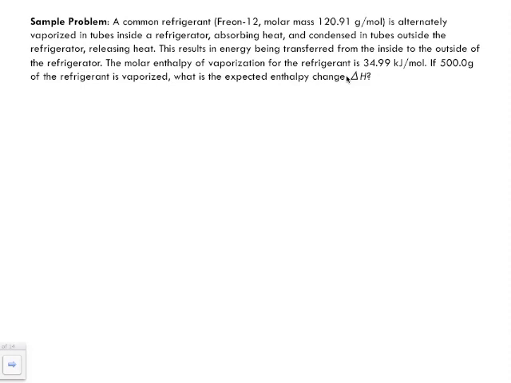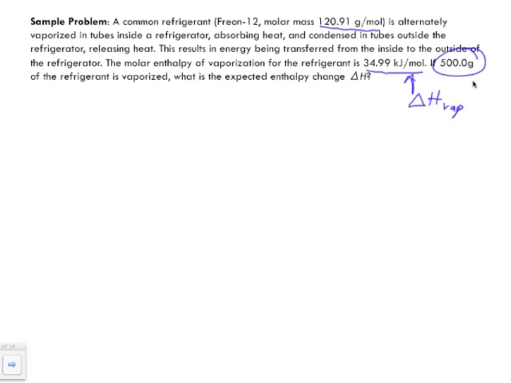So, what information do we have in this question? Well, we know we've got here a molar mass, which we'll definitely have to use. We've got here this 34.99 kilojoules, which is our enthalpy change, right? This is our enthalpy change of vaporization, right? So our delta H of vaporization. And now the only thing is we're only referring to 500 grams of this refrigerant, right?